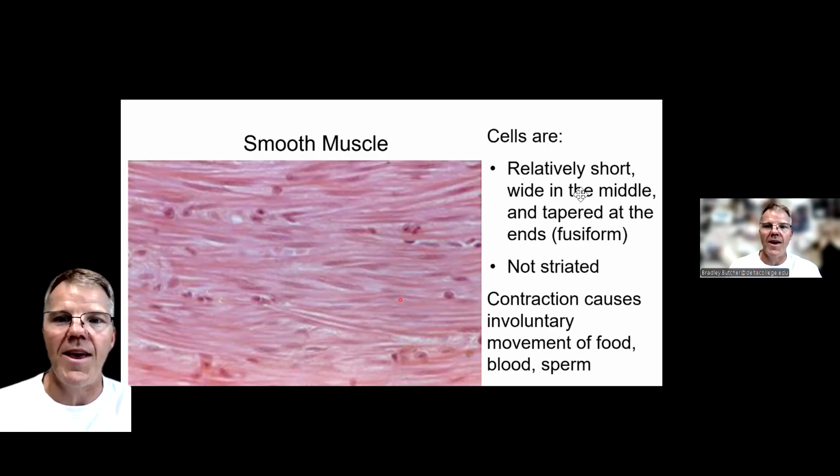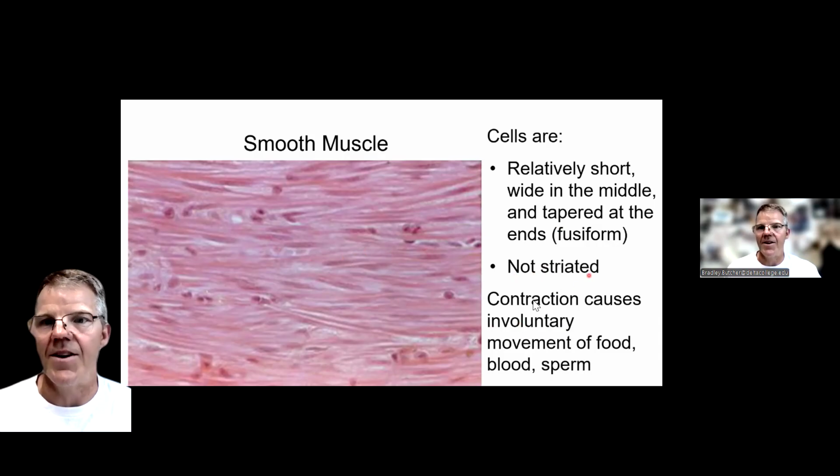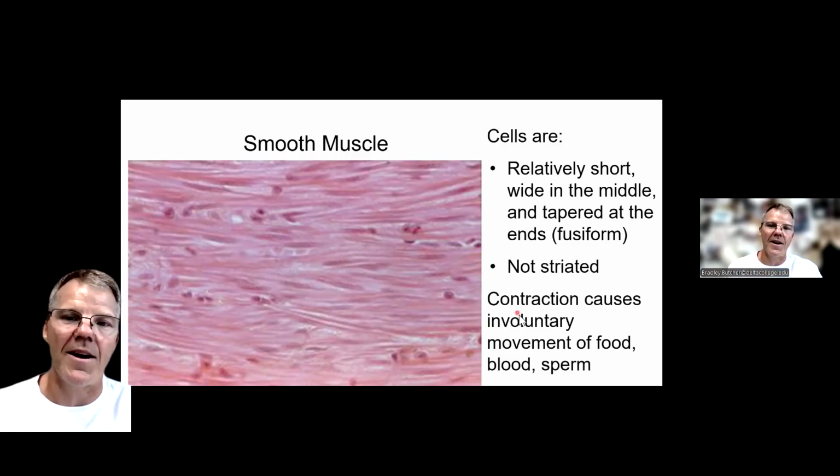And they are also involuntary. So remember, cardiac muscle is involuntary but striated. Smooth muscle is involuntary but not striated, right? So we cannot control our smooth muscle, but it allows for movement of food, blood, sperm, things like that through our organs.